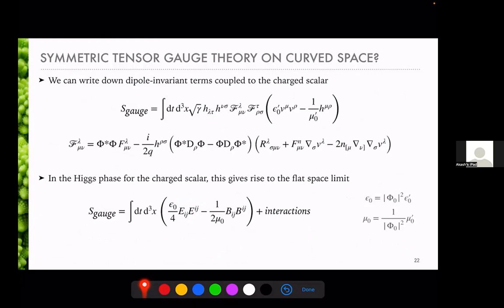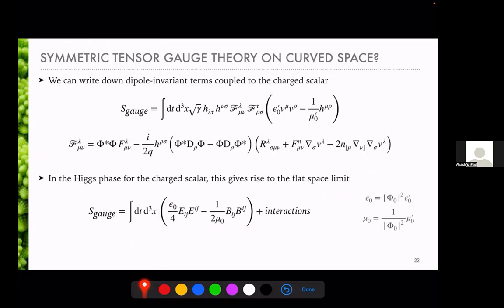By itself this theory does not transform covariantly under spacetime transformations, but you can define something like this. This combination is weird, but you will have to trust me that this combination, including some matter fields, does transform covariantly under all the transformations. If you linearize this theory, it gives rise to the same symmetric tensor gauge theory I had before, plus a bunch of interactions.